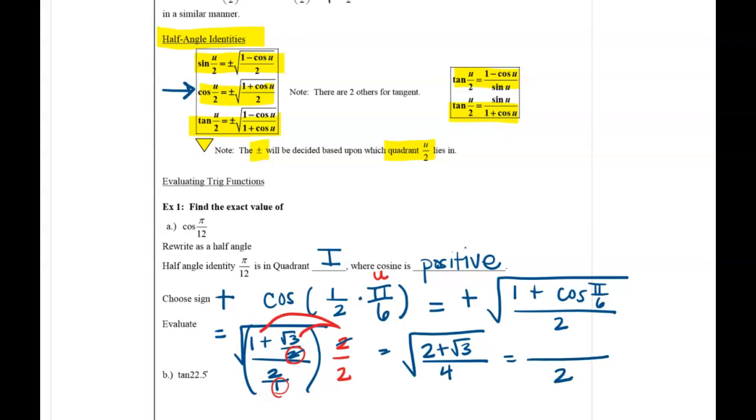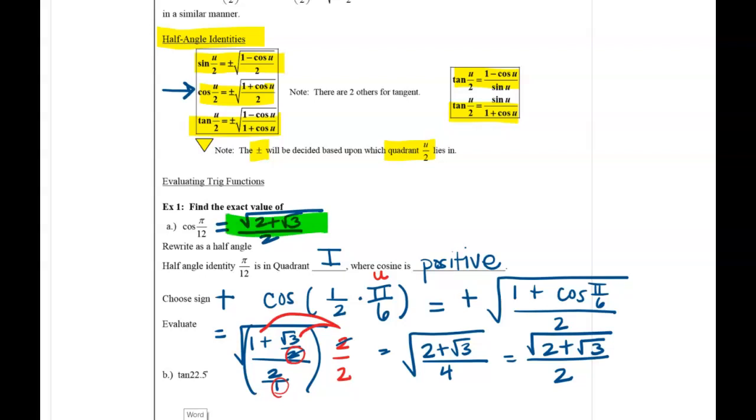And the top, you're going to have the square root of 2 plus root 3. And that looks pretty complicated, but that's what the cosine of pi over 12 equals if we're looking at its exact value. It is the square root of 2 plus root 3 all over 2.